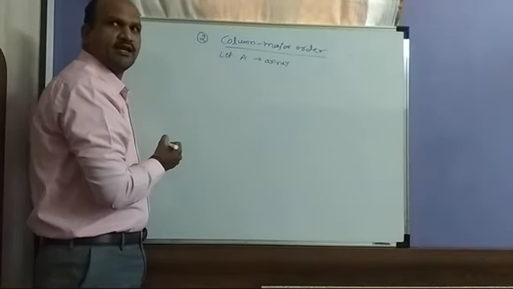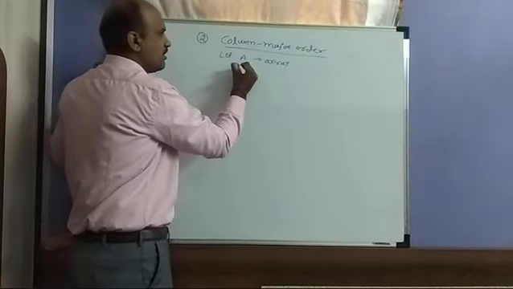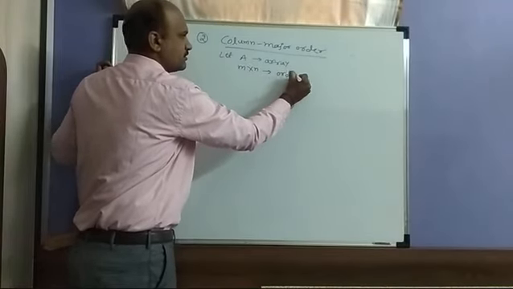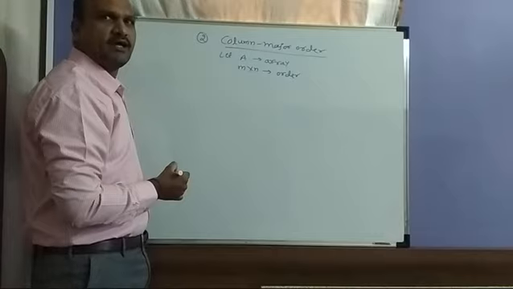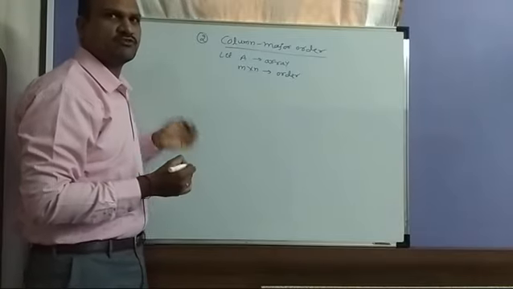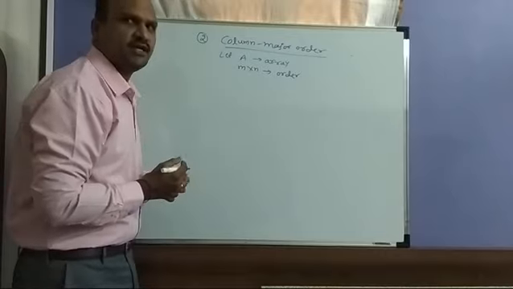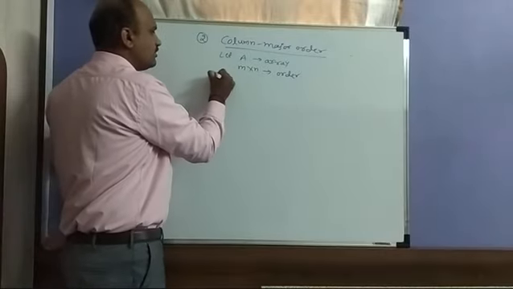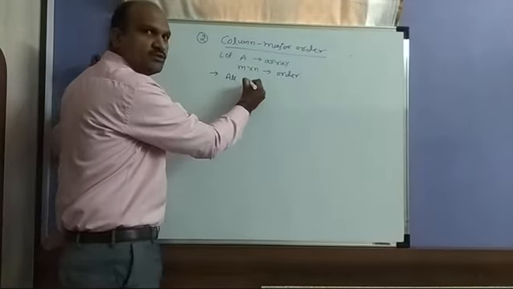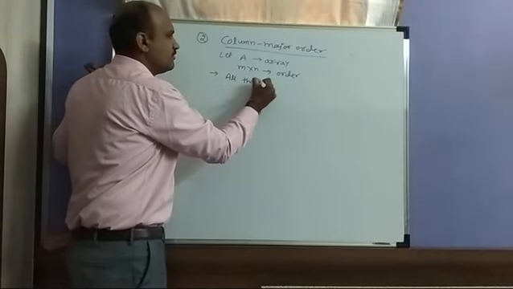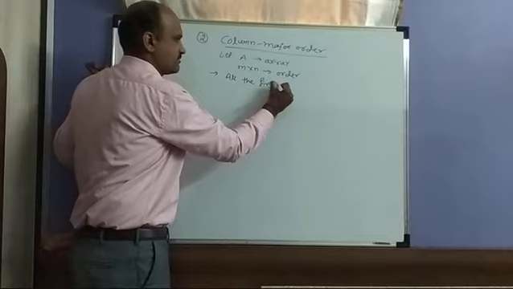Again, as I told you, you need the order of the matrix, that is M into N. It is stored in contiguous locations, with M rows and N columns. Now, all the first column elements are stored first.